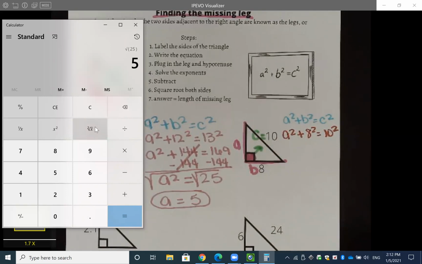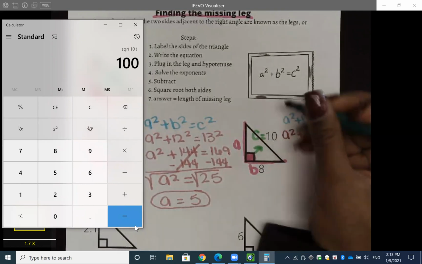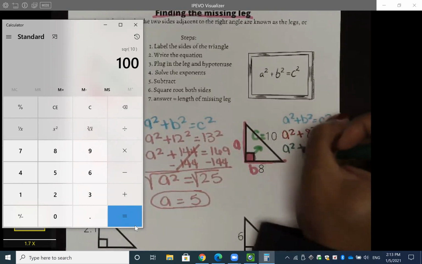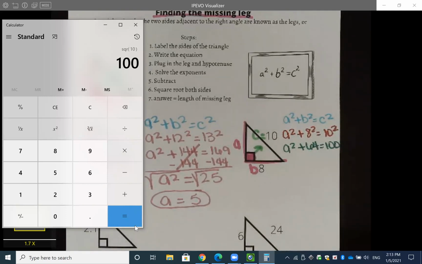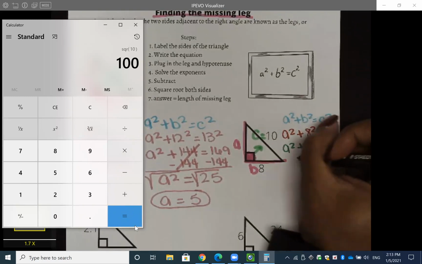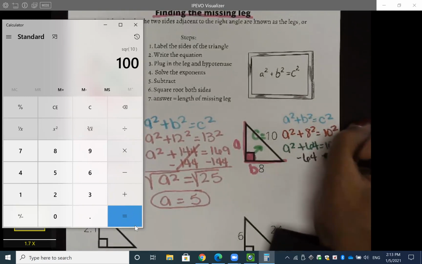We are going to solve the exponents. 8 squared is 64, and 10 squared is 100. So a squared plus 64 equals 100. Step 5, I am going to subtract the 64 because I need to get a squared by itself on the side.